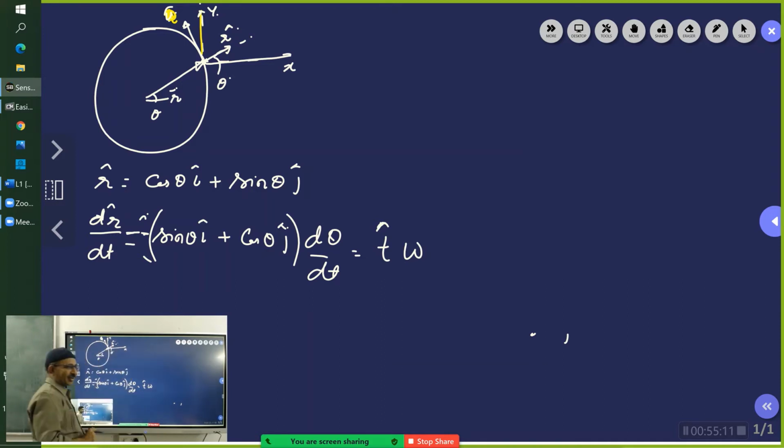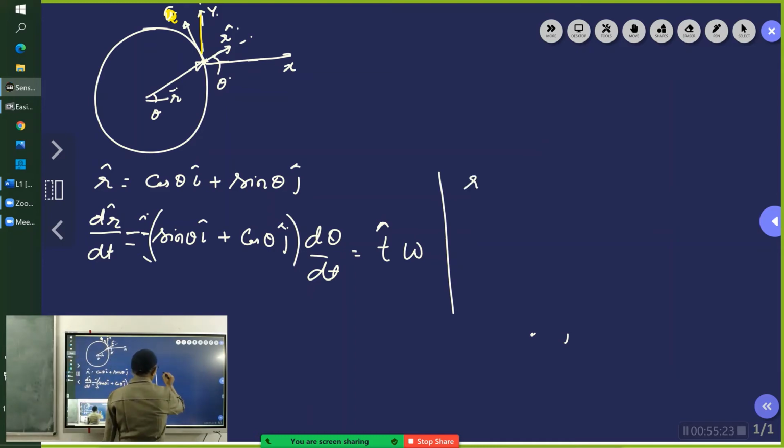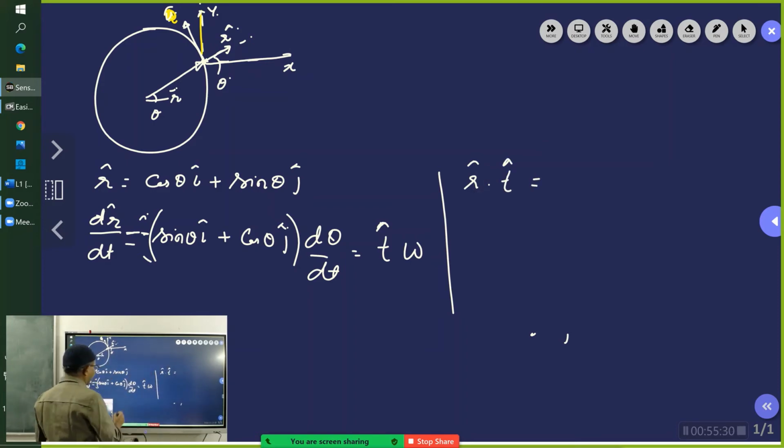Okay, you get this, right? Now if I take R cap dot t cap, this is t cap, and this is R cap.